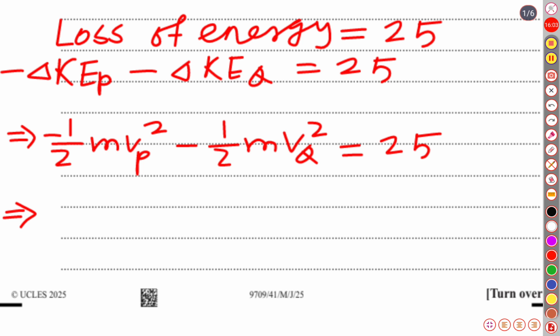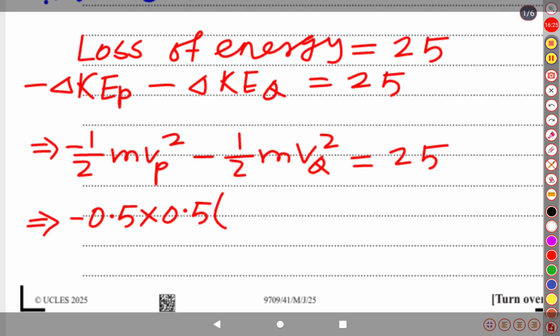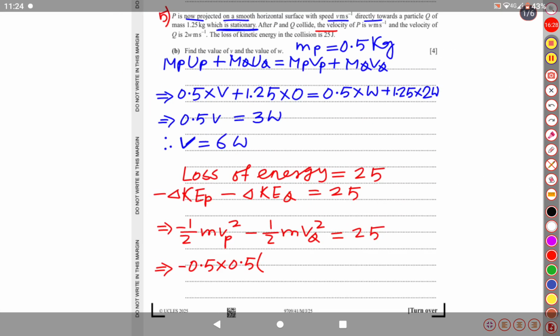So let us substitute. This is 0.5 into the mass of particle P, which was 0.5. And look, v square, in case of change in kinetic energy, it is actually the difference between the final and initial velocities. V square doesn't mean only the final velocity.